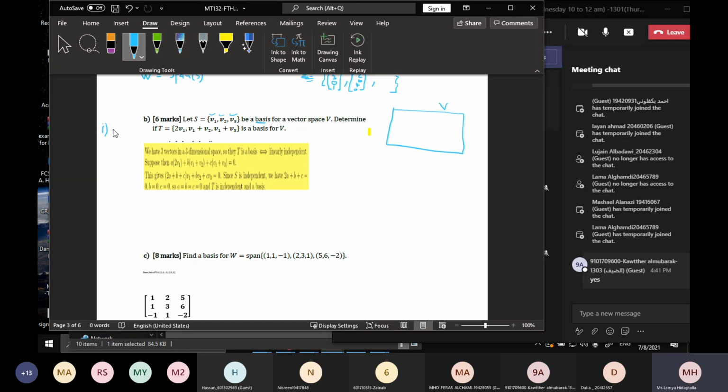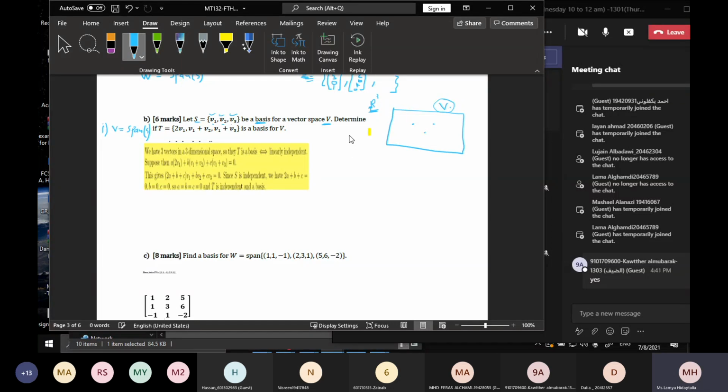The first one is that the vector space V is spanned by this set S, meaning this set can generate all the space V by doing linear combinations of these vectors. So here I have 3 vectors that can span all this vector space, so the dimension of the vector space is 3. We remember in R3 we said any 3 linearly independent vectors can generate R3. So here, since this is a basis, the dimension of this space is 3.